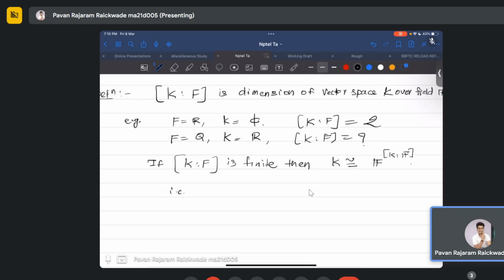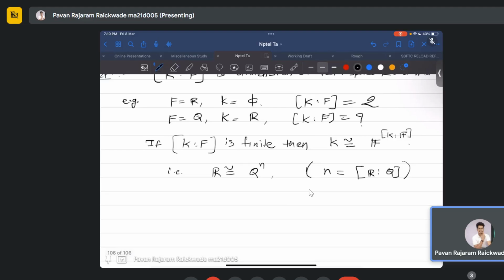Here, R would be isomorphic to the rationals raised to n, whatever the dimension is, if it is finite.